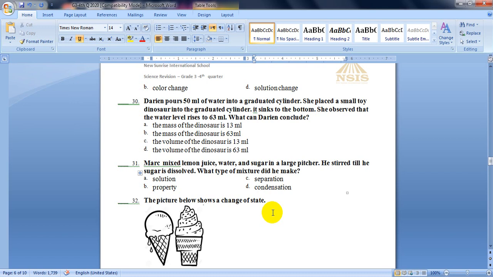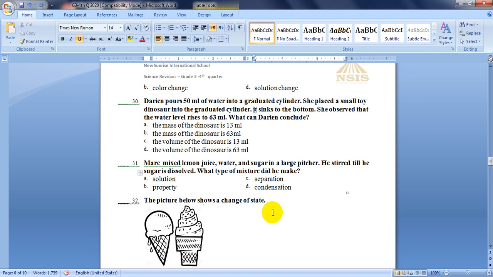The water level was 50, then it rises up to be 63. What can she conclude here? The mass of the dinosaur is 13 milliliters. The mass of the dinosaur is 63 milliliters. The volume of the dinosaur is 13 milliliters, or the volume of the dinosaur is 63 milliliters.